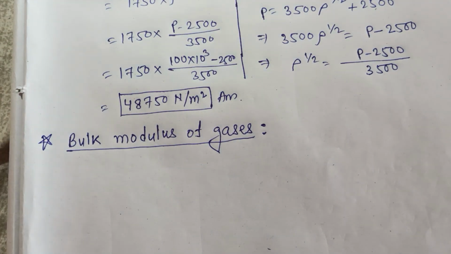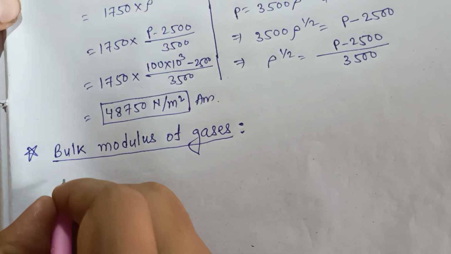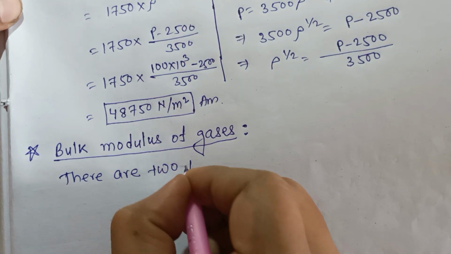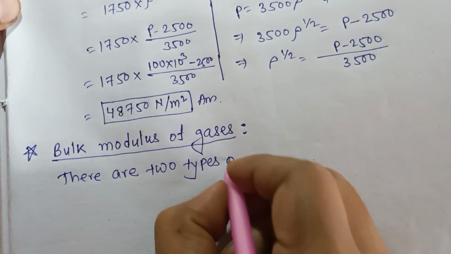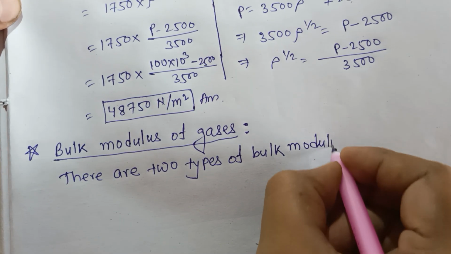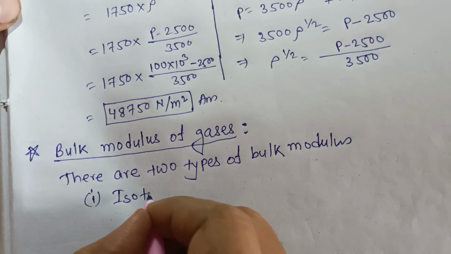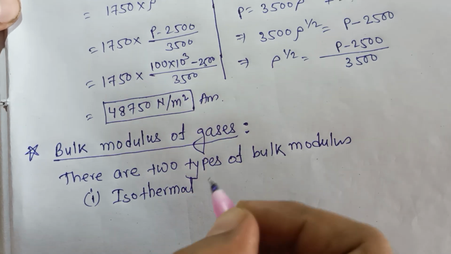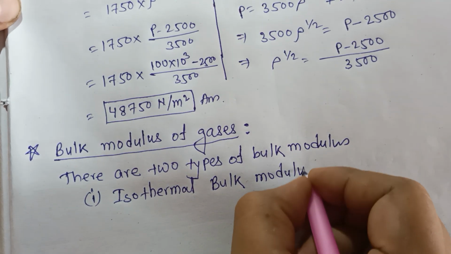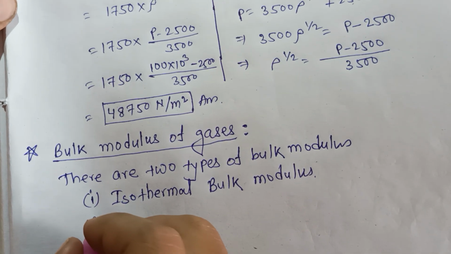So there are two types of bulk modulus. One is isothermal bulk modulus, and the second one is the isentropic or adiabatic bulk modulus.